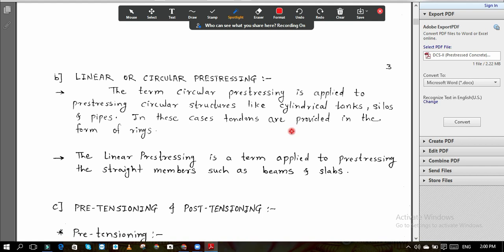In these cases, tendons are provided in the form of rings.